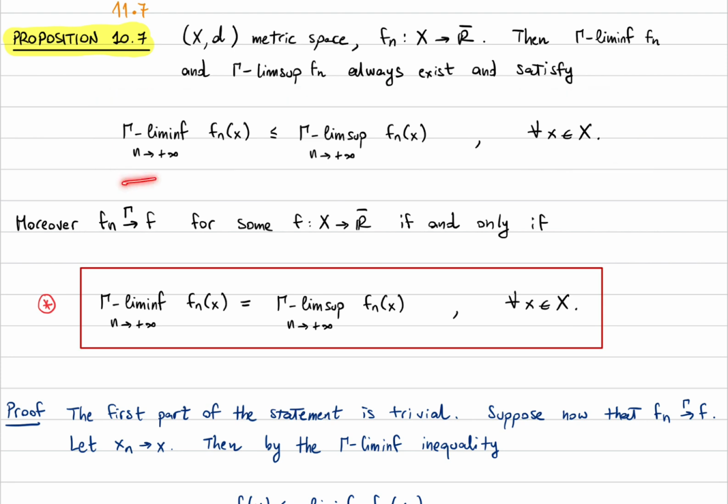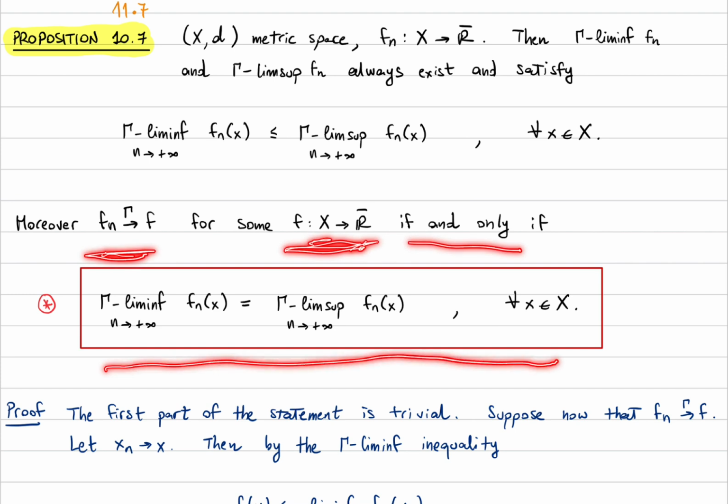So the gamma lim-inf is always less or equal than the gamma lim-sup for every x in X. The second part of the statement tells you that Fn gamma converges to F, for some gamma limit F defined from X into the extended reals, if and only if gamma lim-inf and gamma lim-sup coincide.